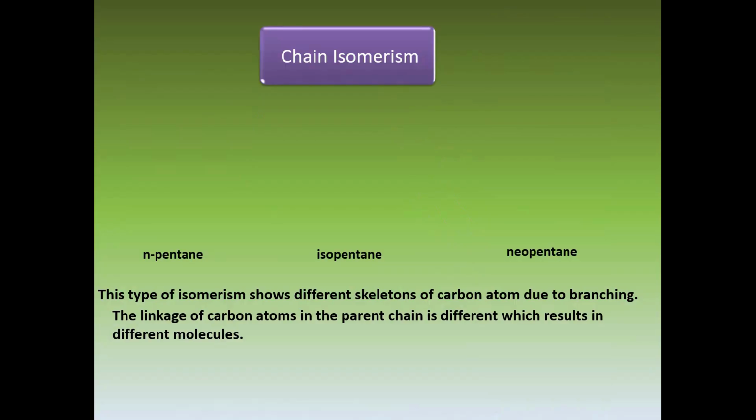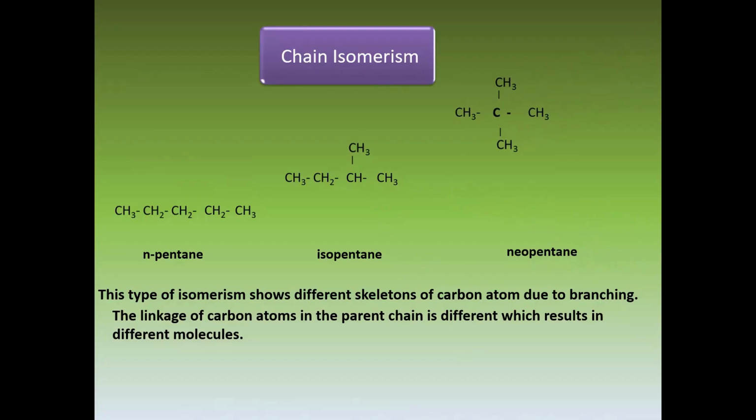For example, you can notice here, this is n-pentane, straight chain, and similarly now there is one branch and this is called isopentane, and with two branches this is neopentane.